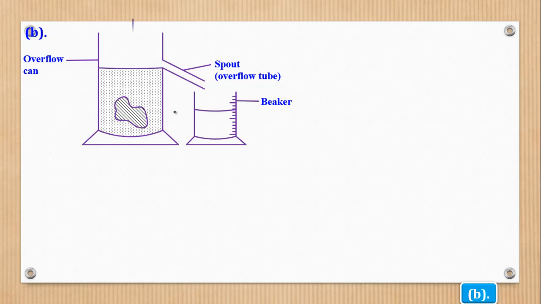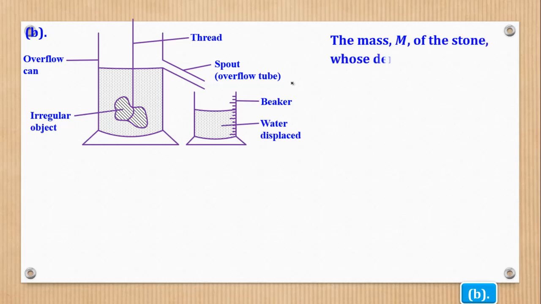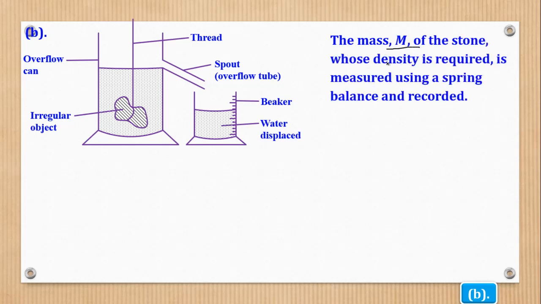Then we shall have an irregular object, or the stone, gently immersed in the liquid. So the mass m of that stone whose density is required is measured using a spring balance and recorded.